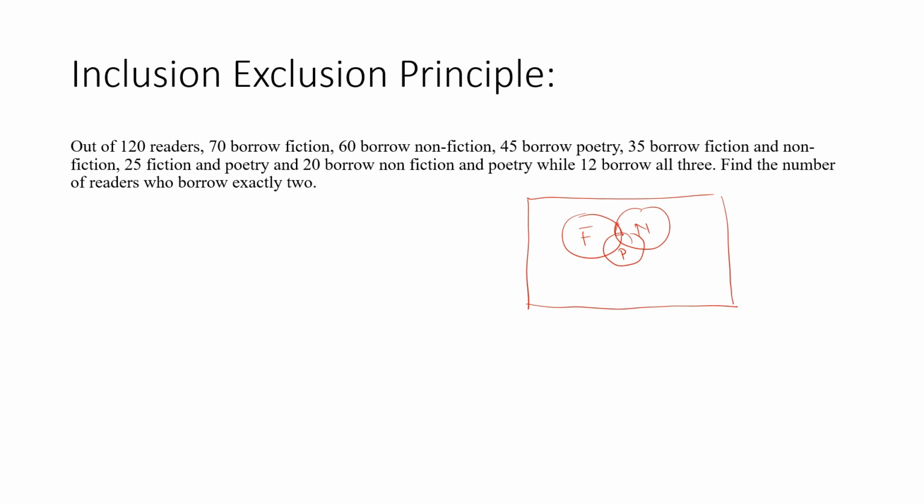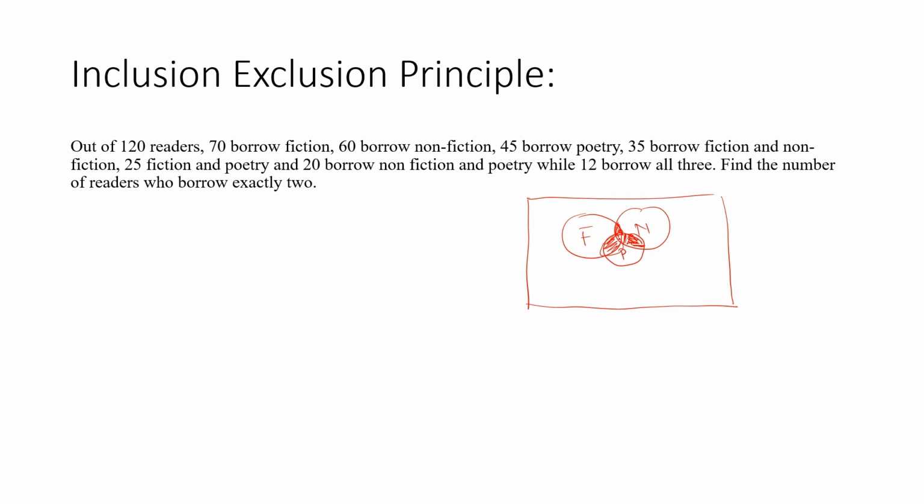Now, this region gives us the number of readers who borrow exactly fiction and non-fiction. This region gives us the number of readers who borrow exactly fiction and poetry. And this region gives us the number of readers who borrow poetry and non-fiction.